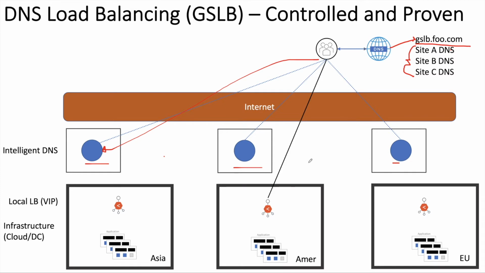You can configure this in a lot of different ways that allows you to have control, but ultimately the user's DNS request is going to be sent to that intelligent DNS tier, and that tier is constantly monitoring, and then based on your configuration of what the best path is for that user, this DNS is going to simply respond with the IP address. It's going to resolve to the IP of whichever data center makes the most sense to send that user's traffic to at that point in time.